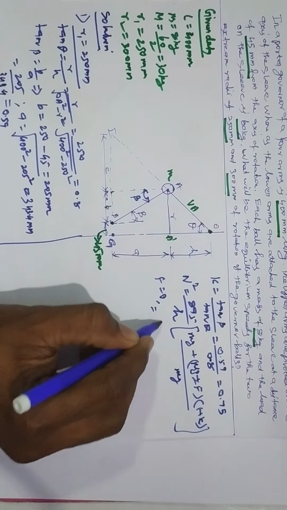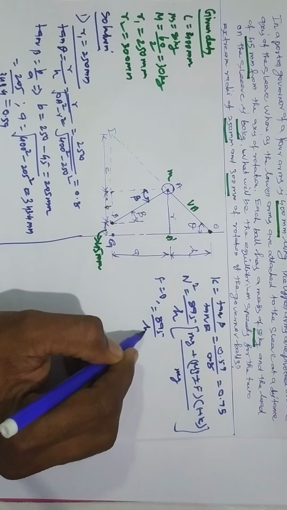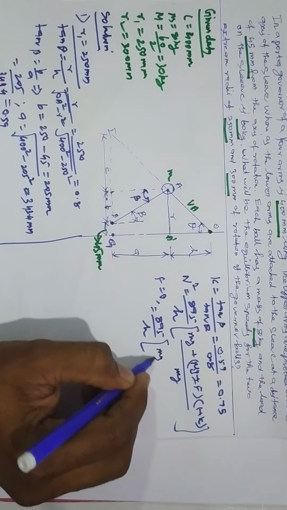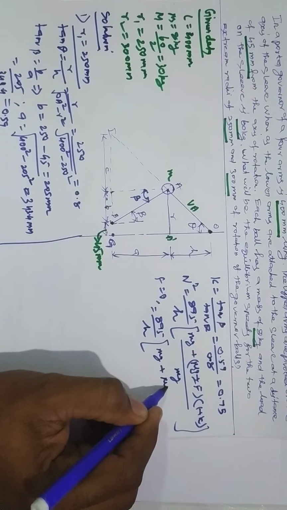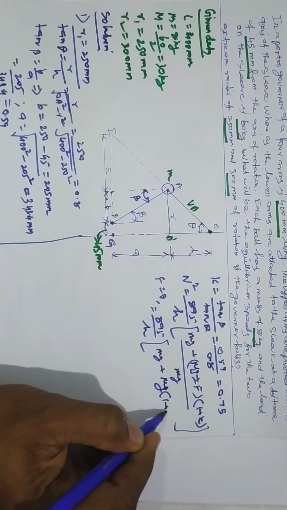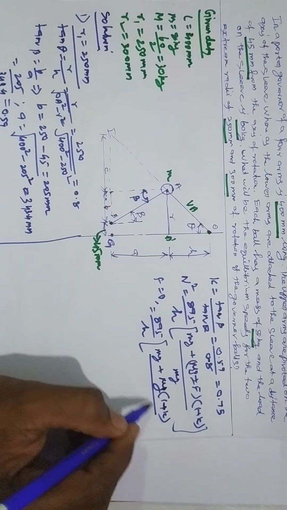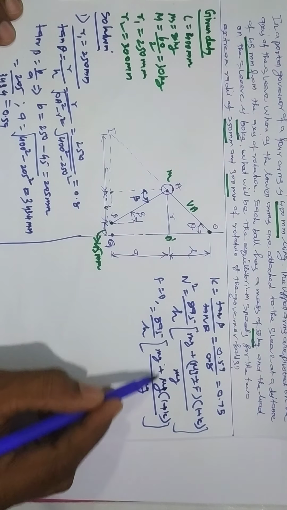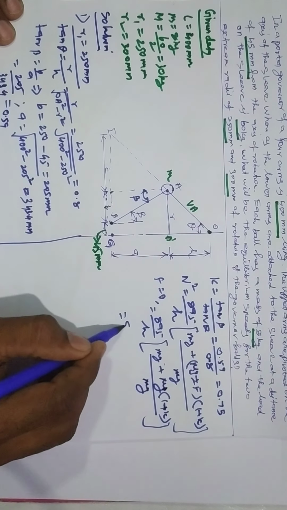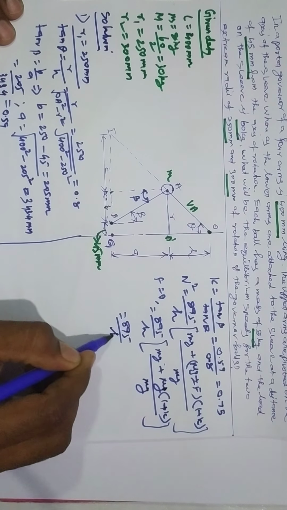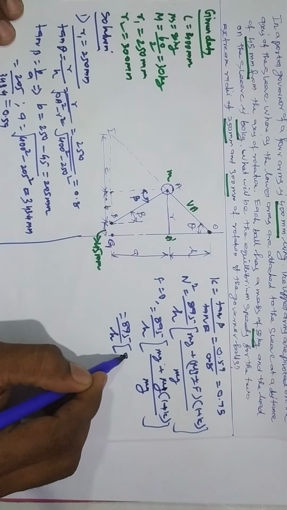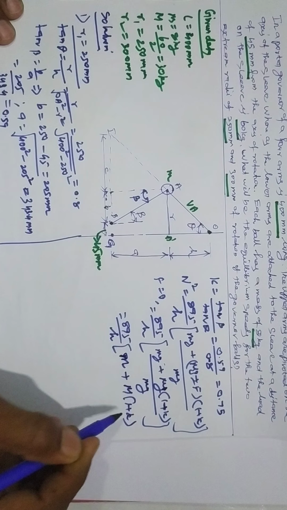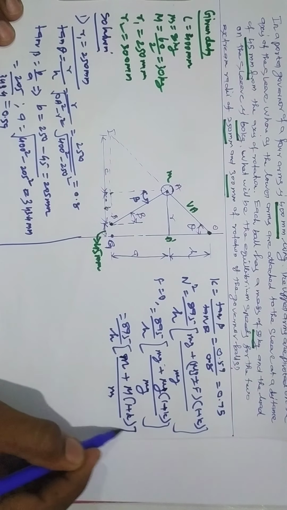So this equation may be written as 895 divided by h into mg plus capital Mg into 1 plus k, divided by mg. So g is common for both, you take it outside, it is cancelled, so it may be written as 895 divided by h into small m plus capital M into 1 plus k, divided by small m.